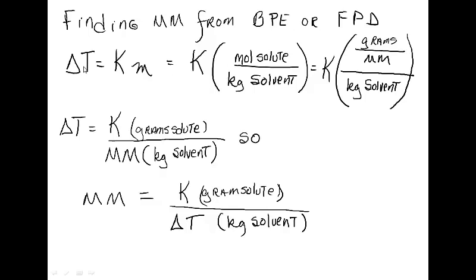Remember that the boiling point elevation is going to be change in temperature is equal to constant times molality. And most of the time this is going to be for large molecular compounds, so you don't have to worry about the Van Hoff factor, it's 1.